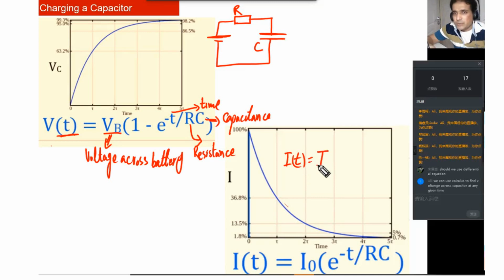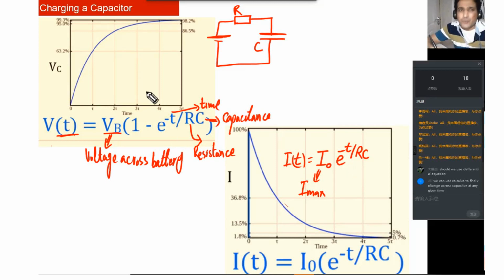I naught is the maximum, I max, the maximum current at the beginning, times e to the power of minus t over RC. Again we can use this and find the current in the circuit at any given time.